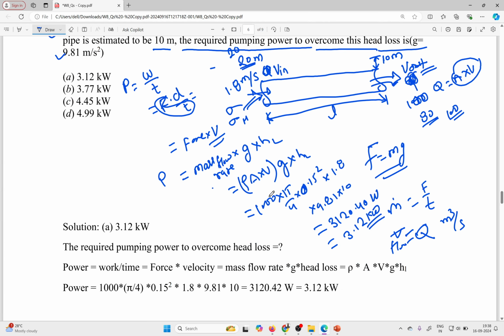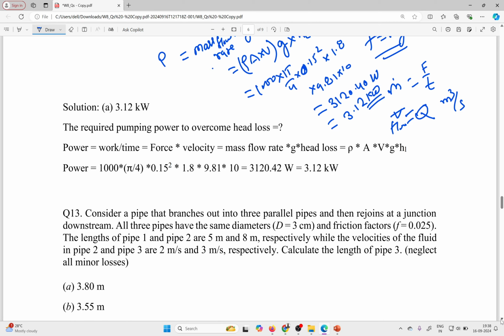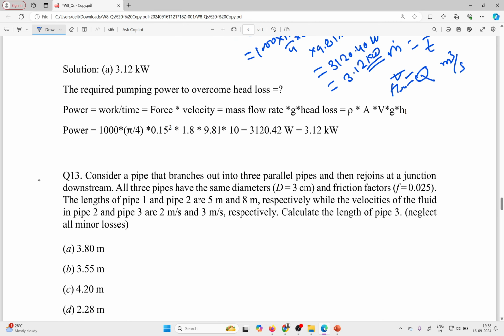Now we'll move on to the next question, question number 13. Consider a pipe that branches out into three parallel pipes and then rejoins at a junction downstream. All three pipes have the same diameter, D equal to 3 centimeter.